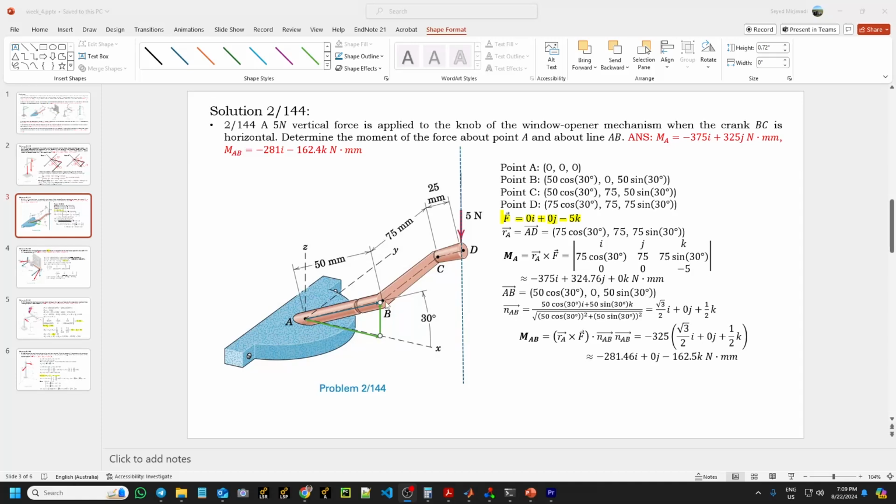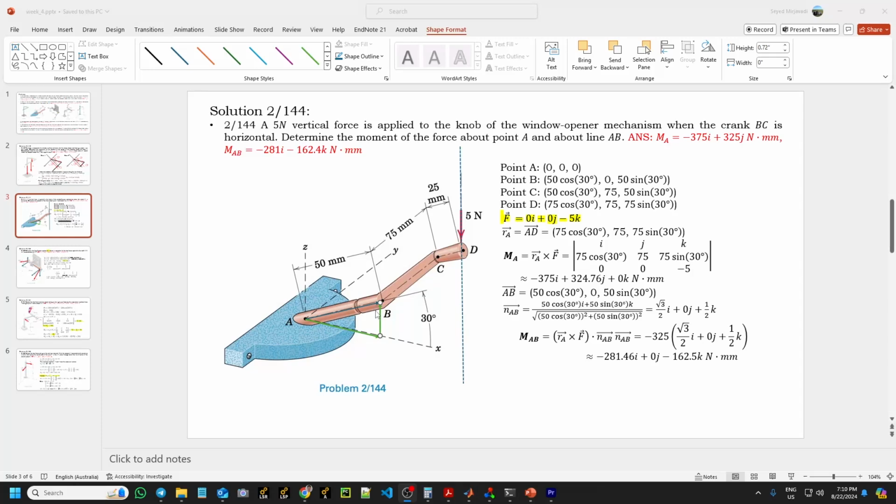So first we need to find AB. And in the question it is said that the crank BC is horizontal. So it means that this BC is parallel to the positive y-axis.